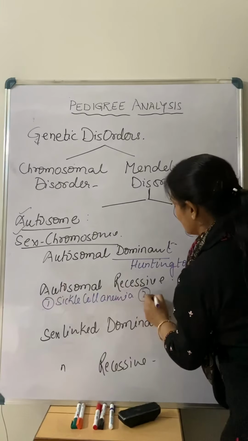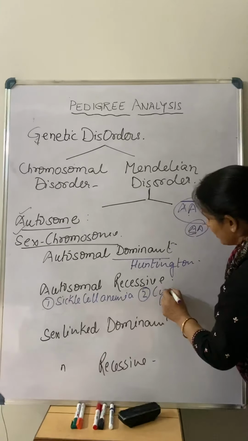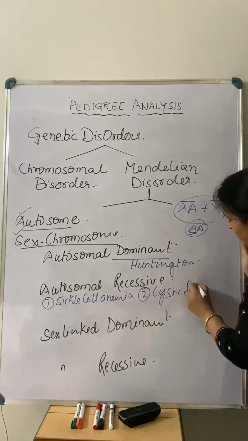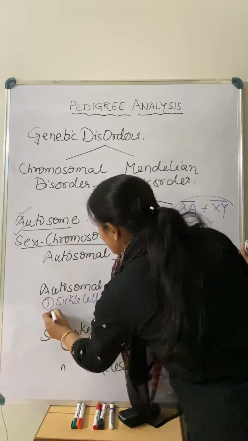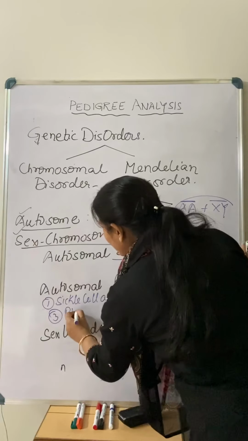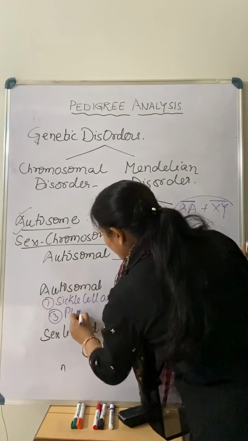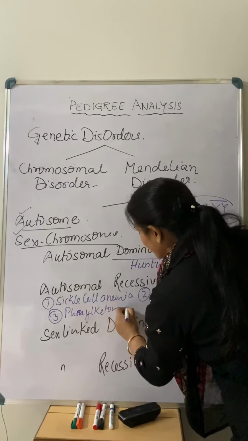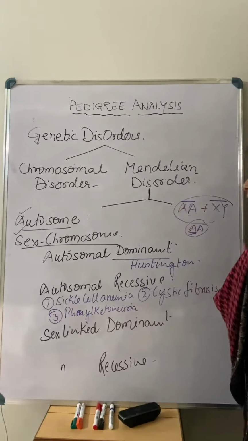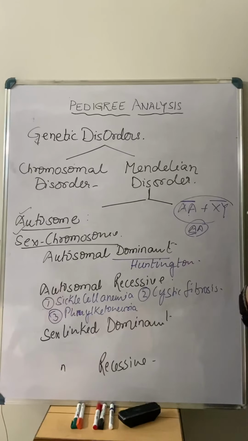Second one is cystic fibrosis. Third one is phenylketonuria.